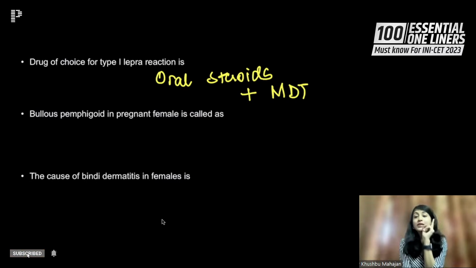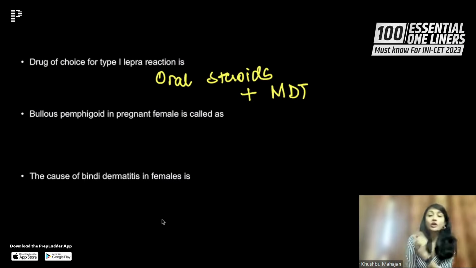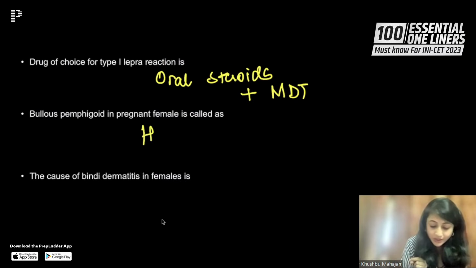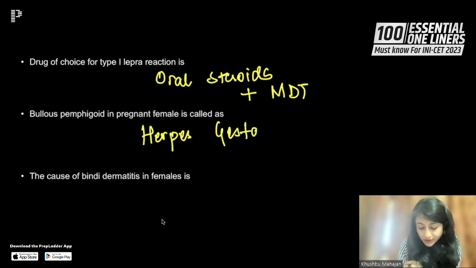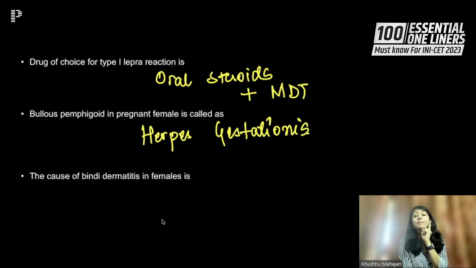Impetigo herpetiformis is psoriasis happening in pregnant females. Bullous pemphigoid in pregnant female is called as herpes gestationis. Please remember, impetigo herpetiformis is pustular psoriasis in pregnancy. Herpes gestationis is bullous pemphigoid in pregnant females.